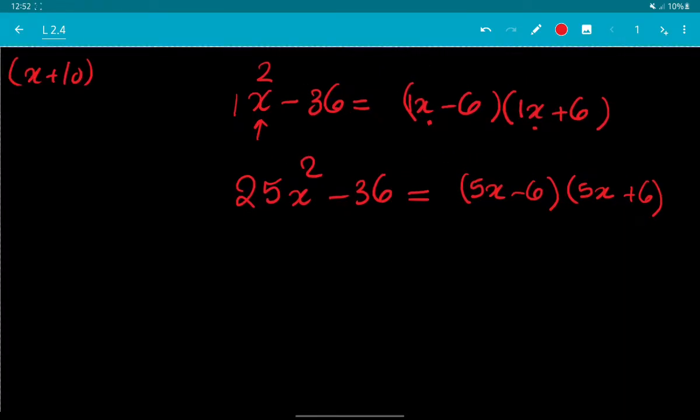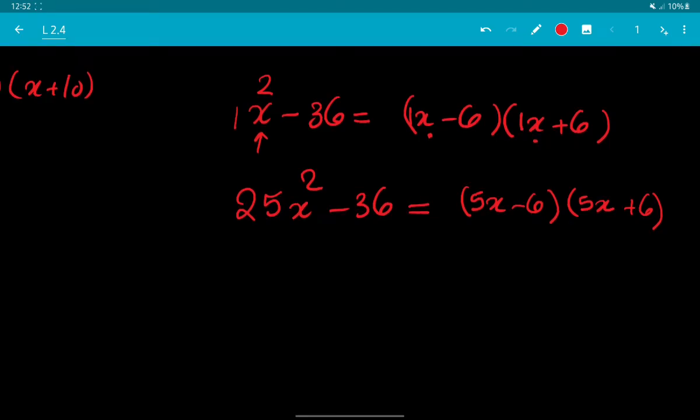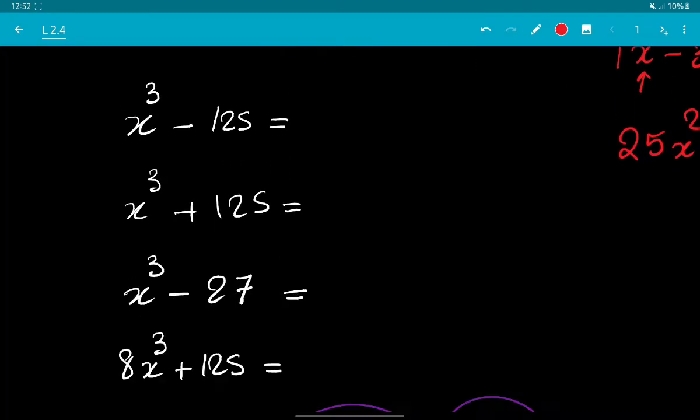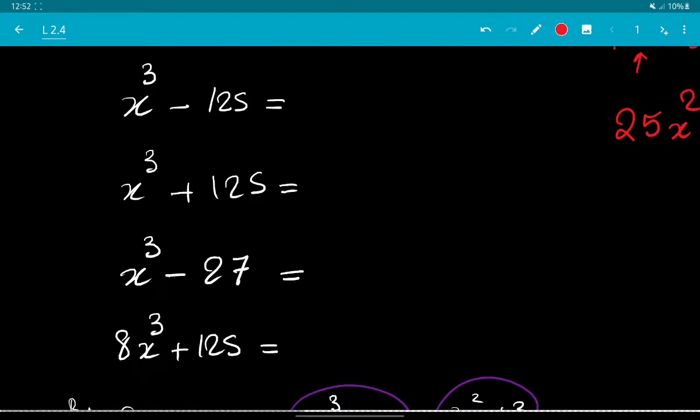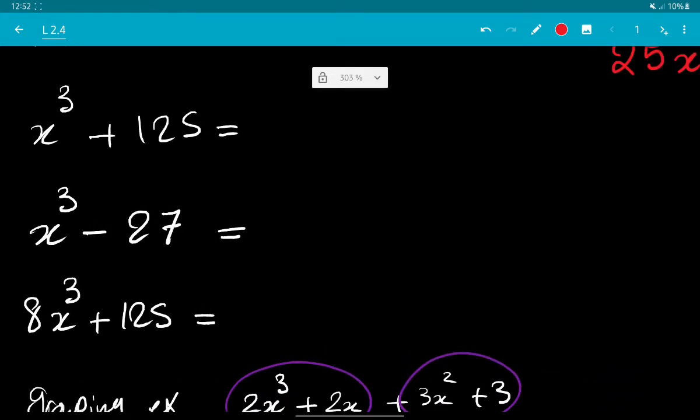The next group is sum and difference between two cubes. For example, here, sum or difference between two cubes. How to do this? Power 3, and this is a cube number. You can do the following. You will open two brackets. One of them is bigger than the first one. In the first bracket, put the cubic root of each term.